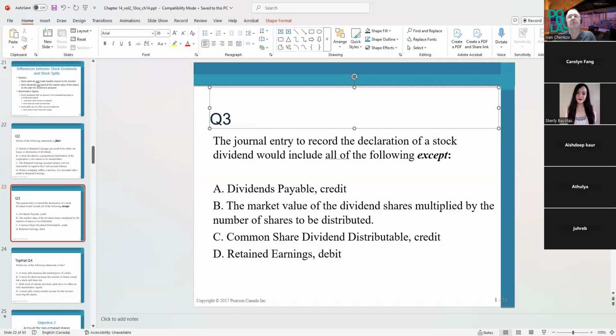What will be the journal entry to record the declaration of a stock dividend? Why is A incorrect?